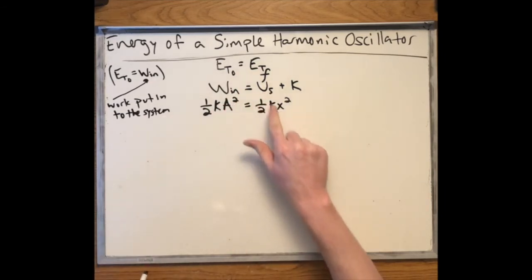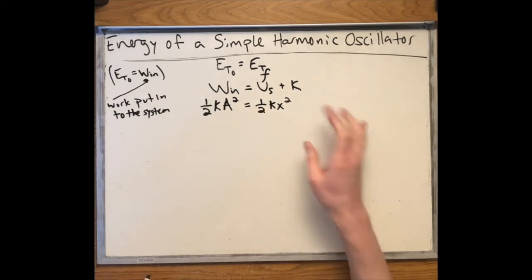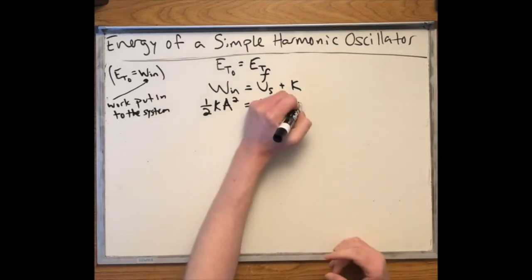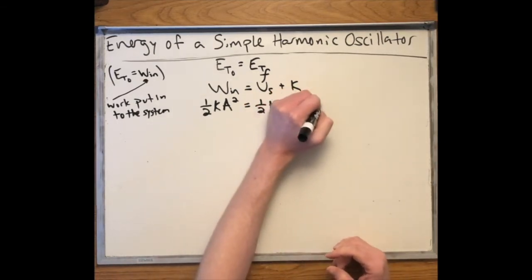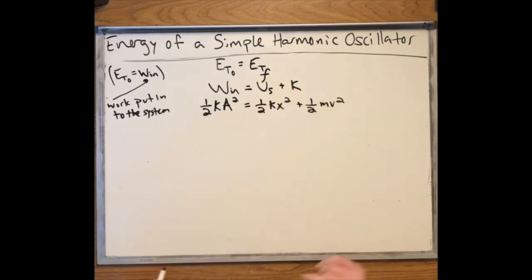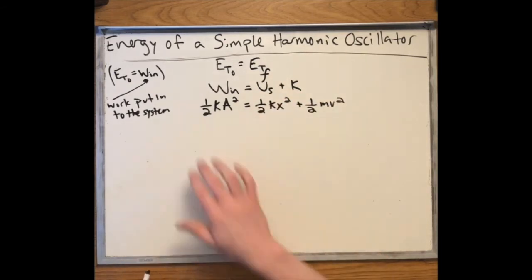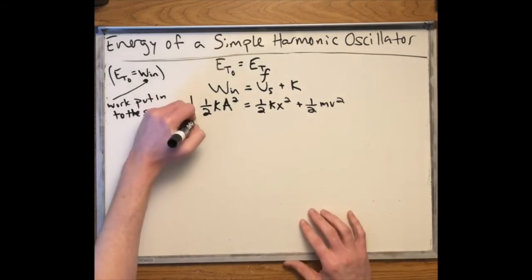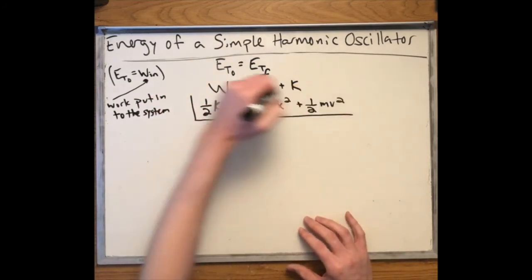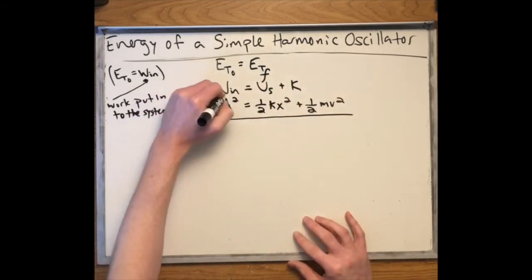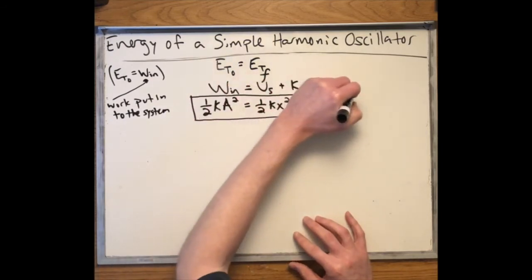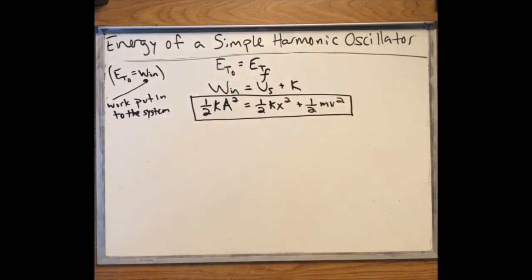So essentially, this is a function of how far away it is at any given moment from the equilibrium position. And then, obviously, plus 1/2 mv squared. So perhaps we should put that in a box first, because that ultimately will be the main conservation of energy equation.